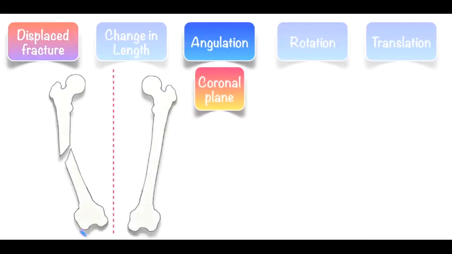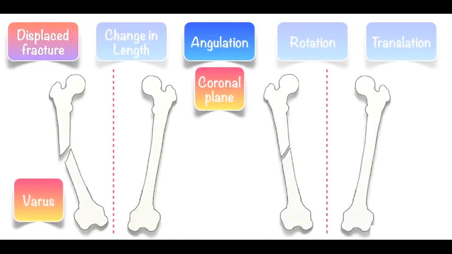A fracture with displacement of a distal fragment towards the midline with apex pointing laterally is said to be varus. E. Another one, a fracture with displacement of the distal segment away from the midline with apex pointing medially is said to be valgus.